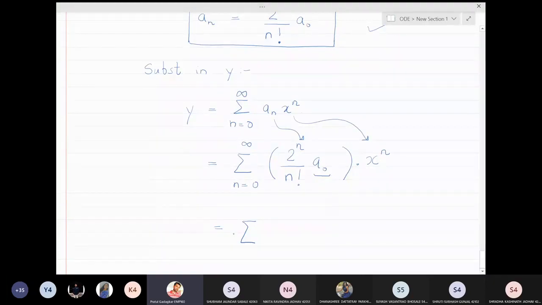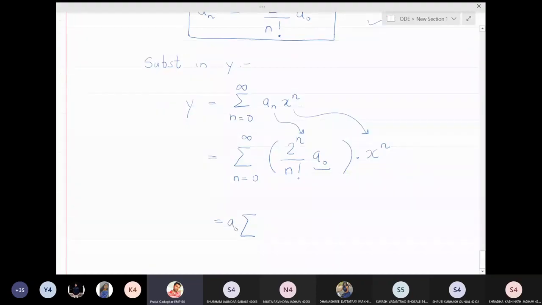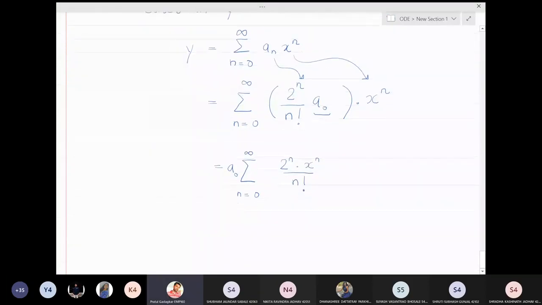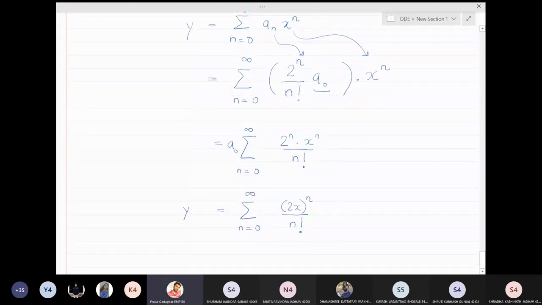So this a_0 will come out of the summation, and what remains inside the summation is the sum from 0 to infinity of 2^n x^n upon n factorial. This 2^n times x^n, I can write in a more compact form, which is the sum from n equal to 0 to infinity of (2x)^n upon n factorial. Who is this? This is your y.